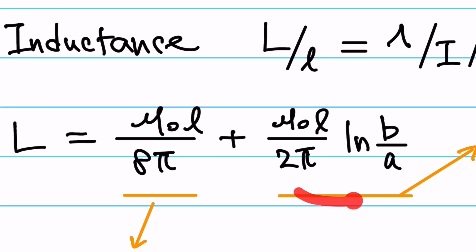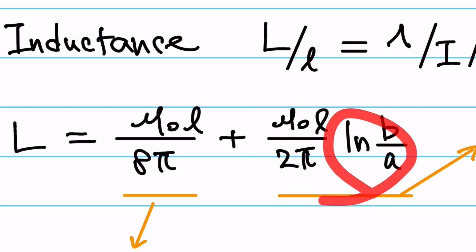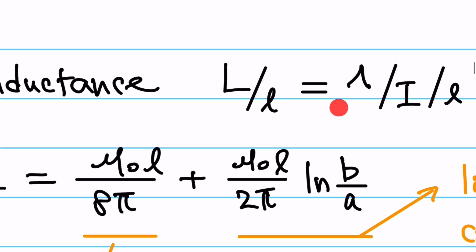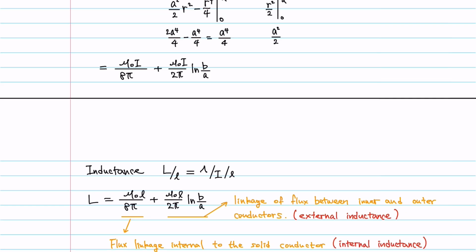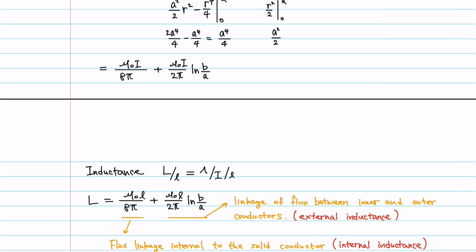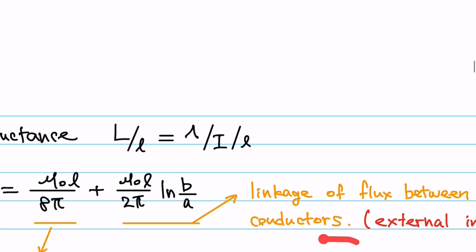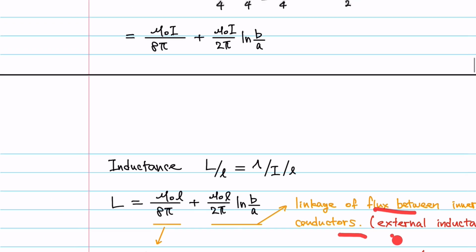But if you have a significant amount of B, then you'll increase this value. The second term also increases with the length of the cable as well. So there are two components again: the internal inductance and the external inductance, that is the linkage of the flux between the inner and the outer conductors.